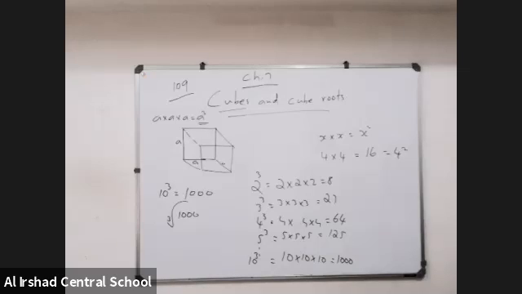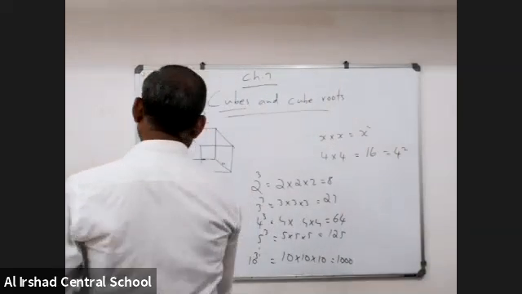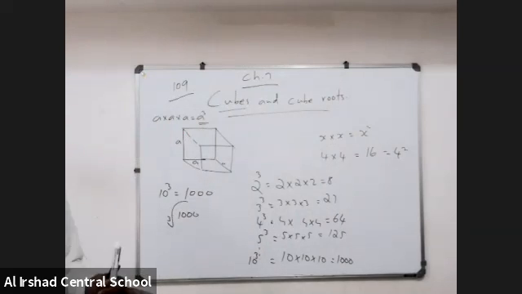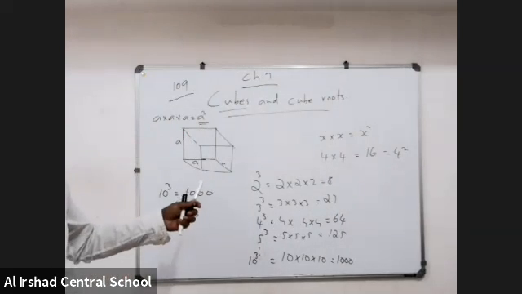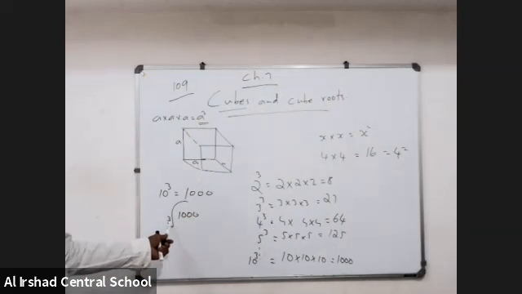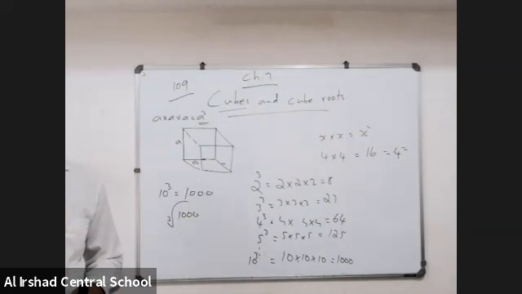After that, prime factorization method is how we can find the cube root. Okay, cube and cube roots. Now listen, in square root we are not writing here. Square root of 100 is 10.